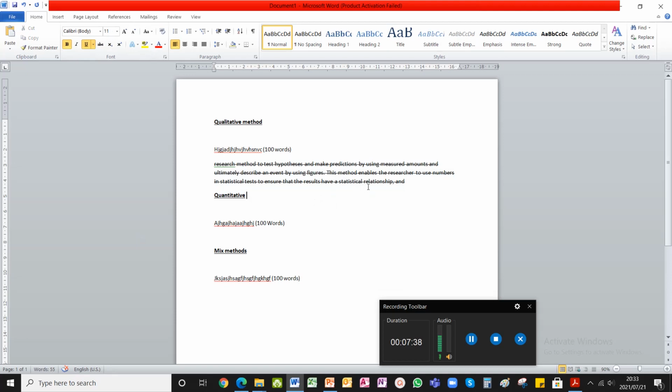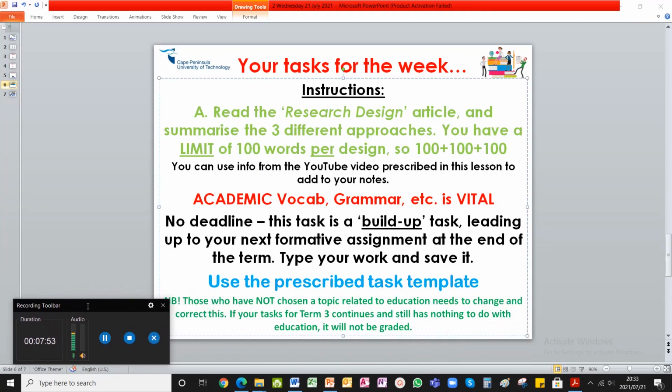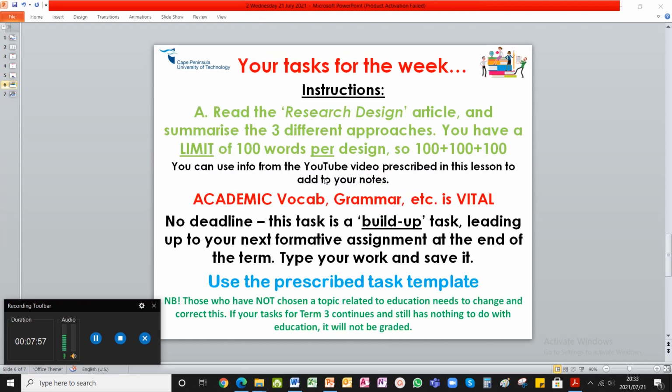So I will check for copying and pasting. That's called plagiarism. That is illegal. So summarize it, use your own words, and use academic vocabulary and grammar. You can use the information from the YouTube video as well, which is over here, to add to your notes. You must use academic vocabulary, grammar. It is important for the subject.